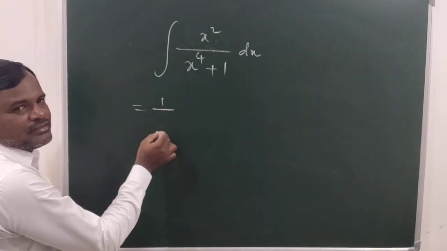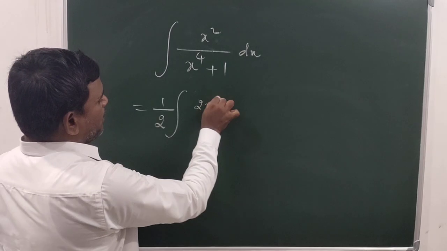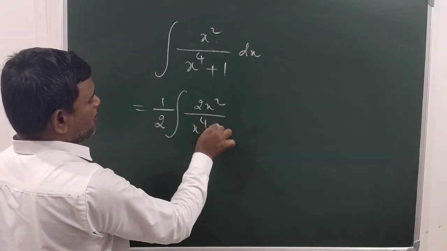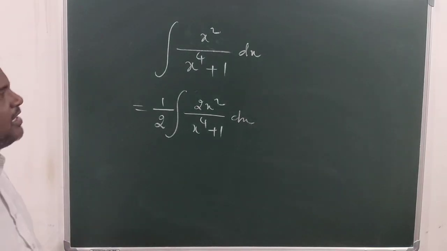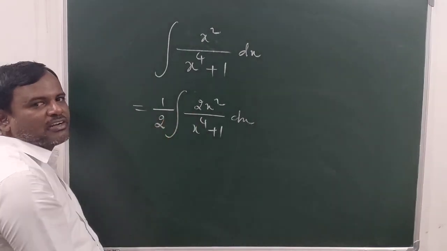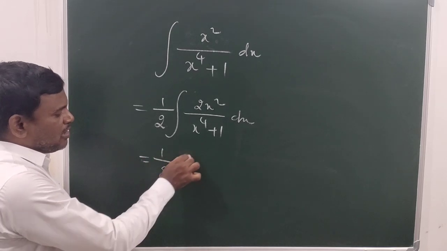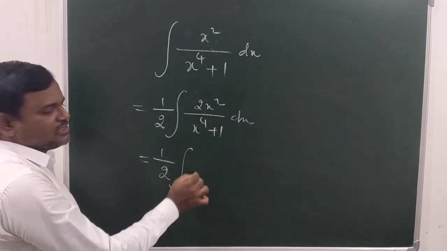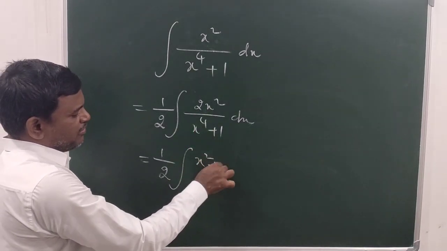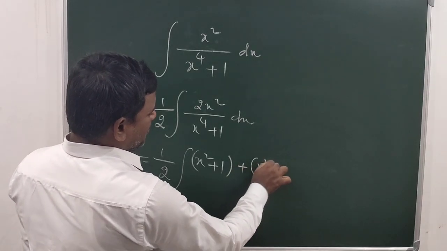See, in this I would like to write 1 by 2 integral of 2x square by x to the power of 4 plus 1 dx. What did I write? I multiplied numerator and denominator with 2. In the next step, I am going to write this one as x square plus 1 and x square minus 1.